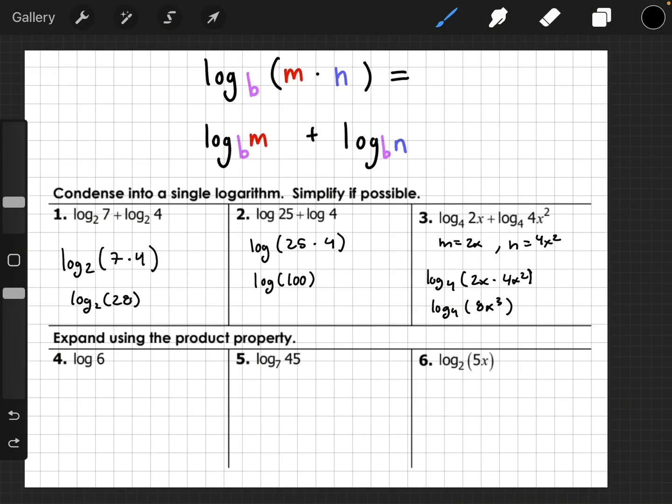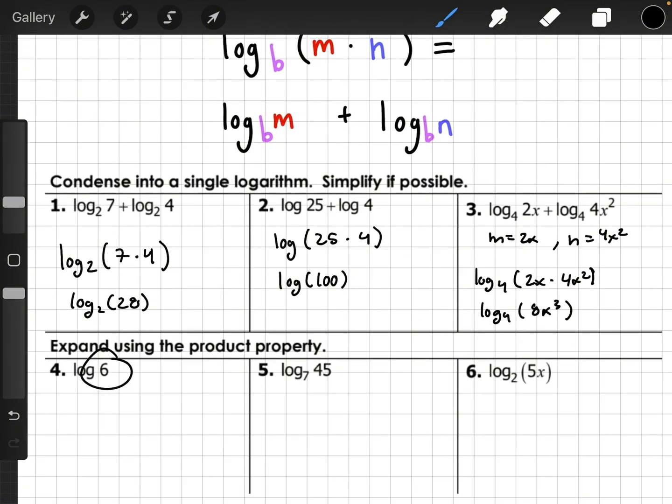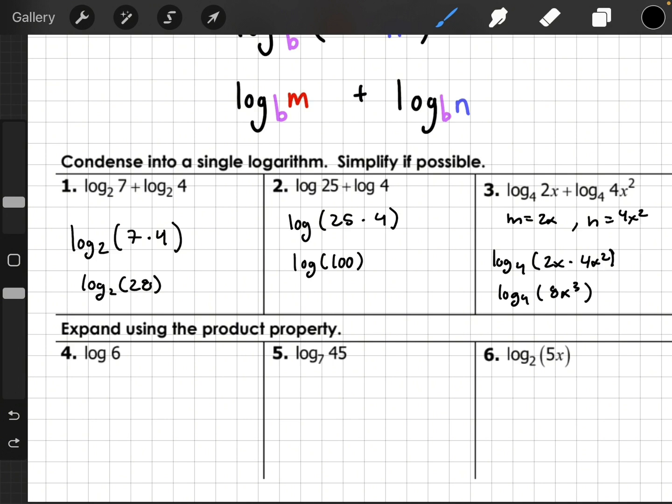Next, we'll expand using the product property. Since 6 is not a prime number, there are a few ways you can answer this, but we'll break it up into factors of 6, so 2 and 3. This equals log base 10 of 2 plus log base 10 of 3.